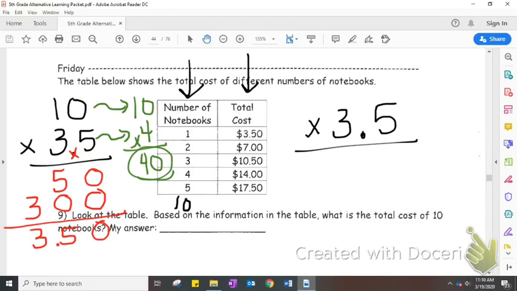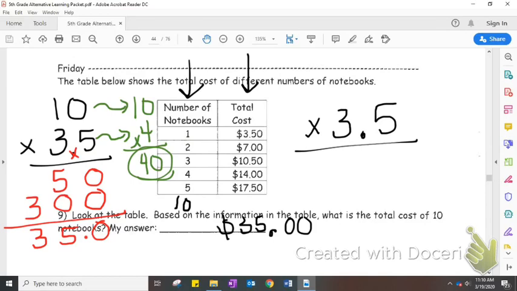It also doesn't make sense because one notebook is $3.50. So 10 notebooks has to be a lot more than that. So the best place to put the decimal point is right here, in between the 5 and the 0. $35. My answer? $35. Decimal point. There we go.